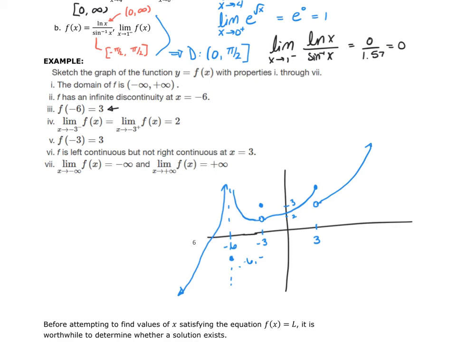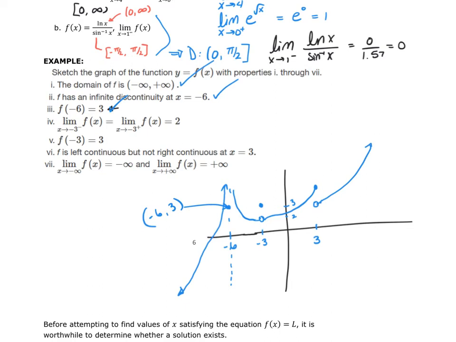So at -6 I have +3, so I need to move this anyways. So we have that ordered pair right there, -6 and 3. All right, so now I've got that one. I've got an infinite discontinuity. I've got it going from negative infinity to infinity.